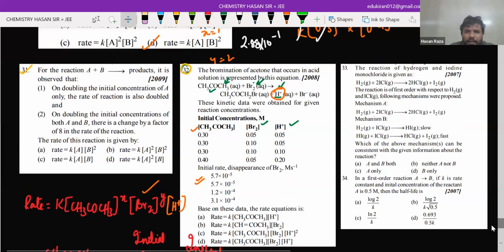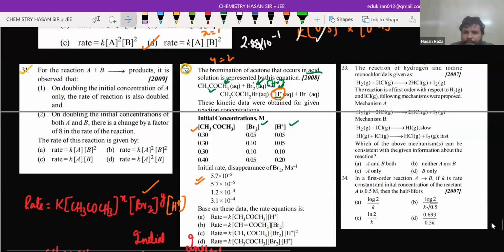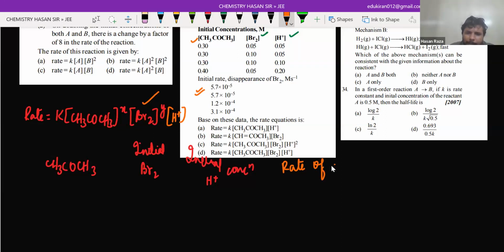You can see this reaction, the bromination of acetone that occurs in acid, that means here you are using acid as well. After that, you need to calculate the rate of disappearance of Br2, that is also given. So you need to write all the values accordingly.